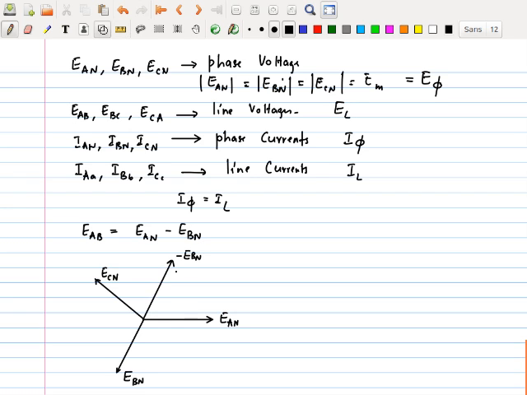Now you understand we have to use the regular parallelogram law to find out what is the equivalent or what is the resultant of these two. So here you are. I find the resultant, and that resultant is E of AB. Right?